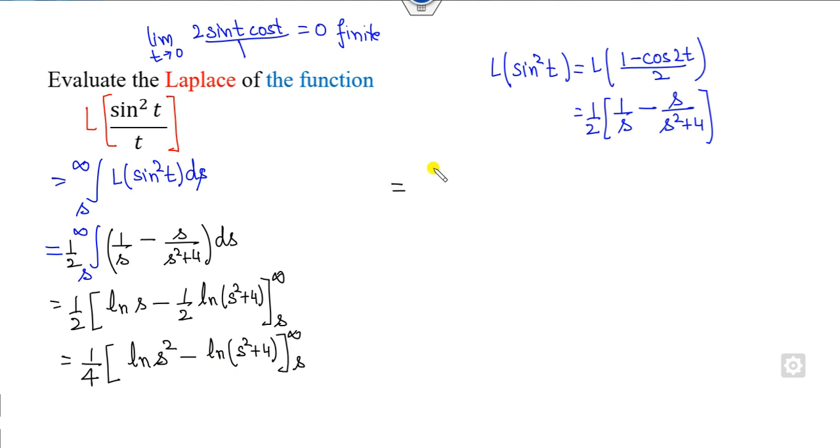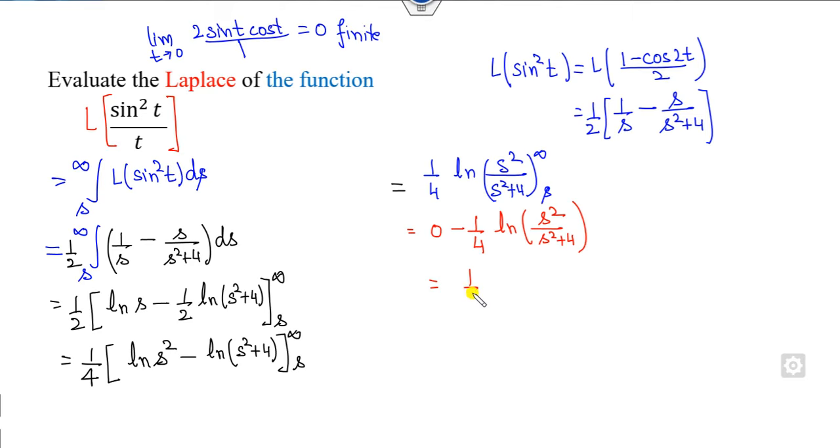So that will be 1 over 4 ln of s square over s square plus 4, from s to infinity. When you substitute infinity, again it's a 0, and when you substitute s, it will be s square over s square plus 4. Now I can adjust the negative sign. It is 1 over 4 ln of s square plus 4 over s square, which is the right answer of this problem.